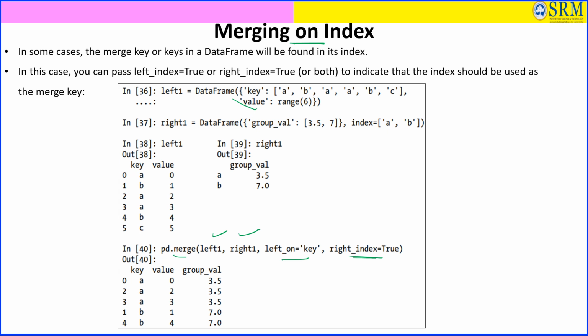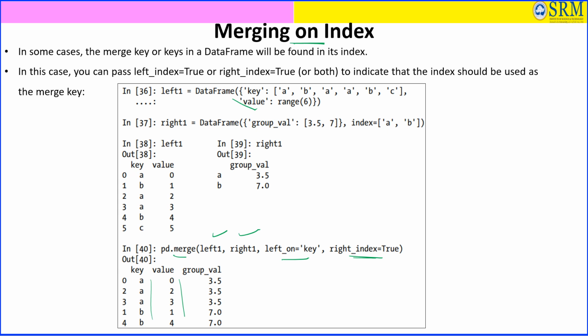That is why you have to merge on key. Accordingly, the values are printed, and since you are merging with the other data frame, those values have to be taken. So if you have A, it is printed as 3.5, B as 7.